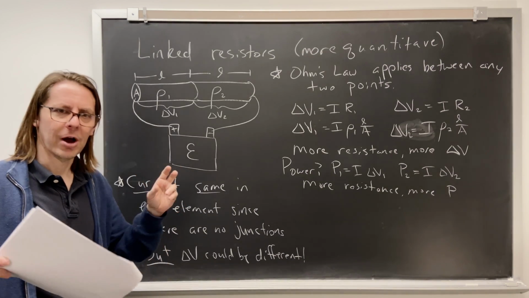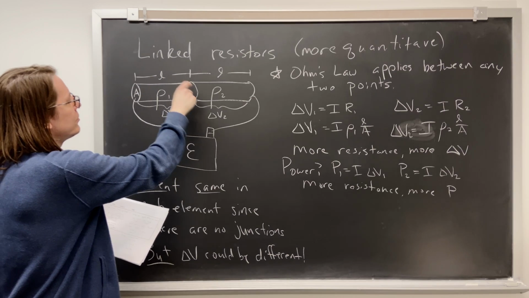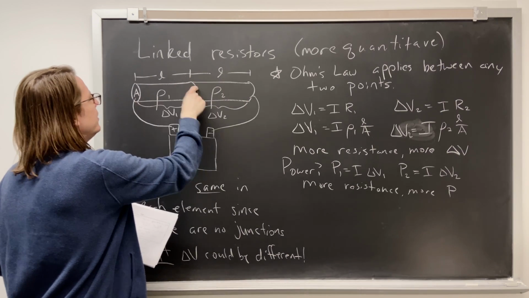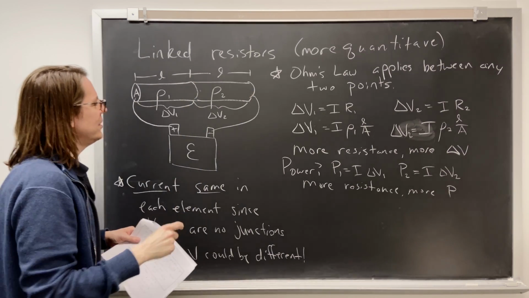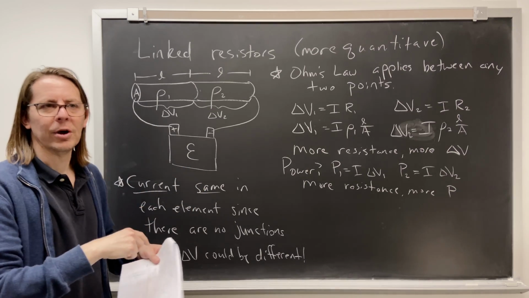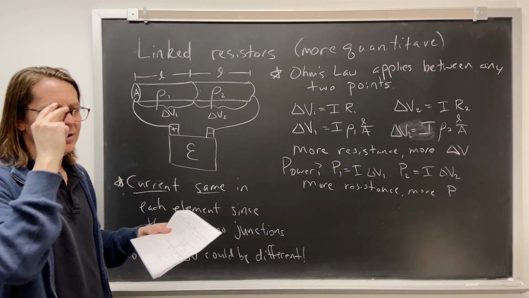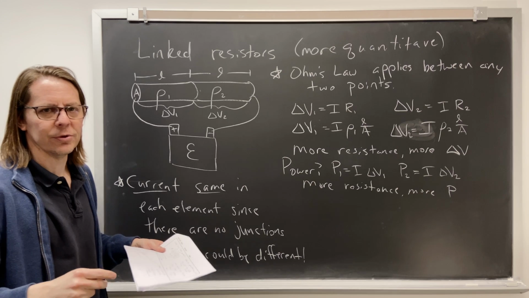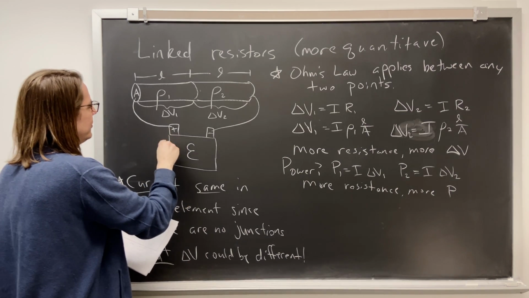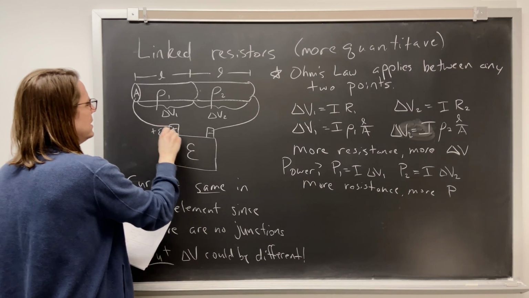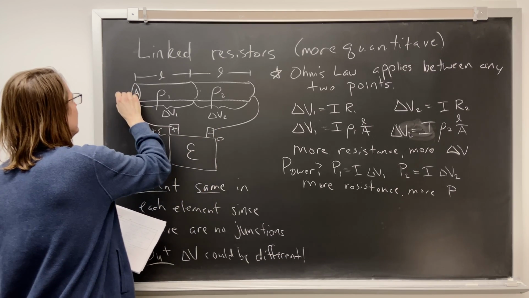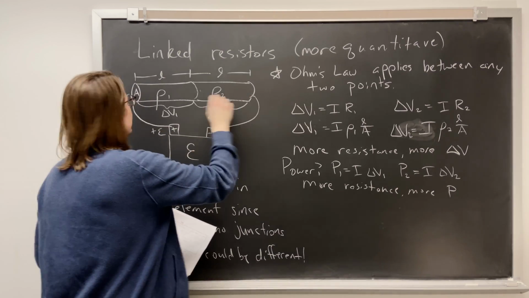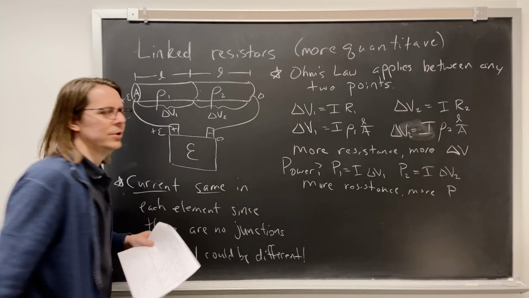What is a voltage drop? So remember, it's a drop in the electrostatic potential from here to here and here to here. And we say in the wires, there's essentially no drop. The wires are such low resistance, you can get current flow with essentially no delta V, no voltage drop. So the potential here is still essentially plus E, and we'll call this 0. So it's plus EMF all the way to here, plus EMF volts, and 0 volts all the way to there.